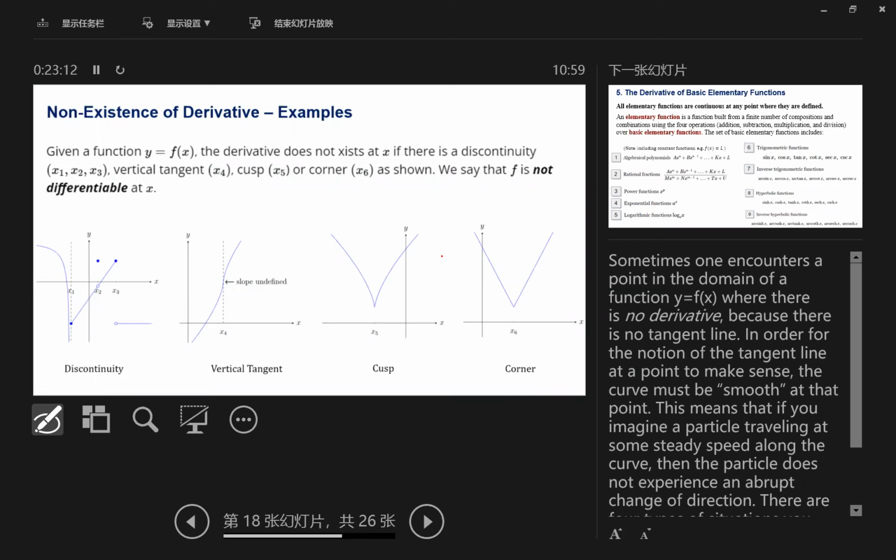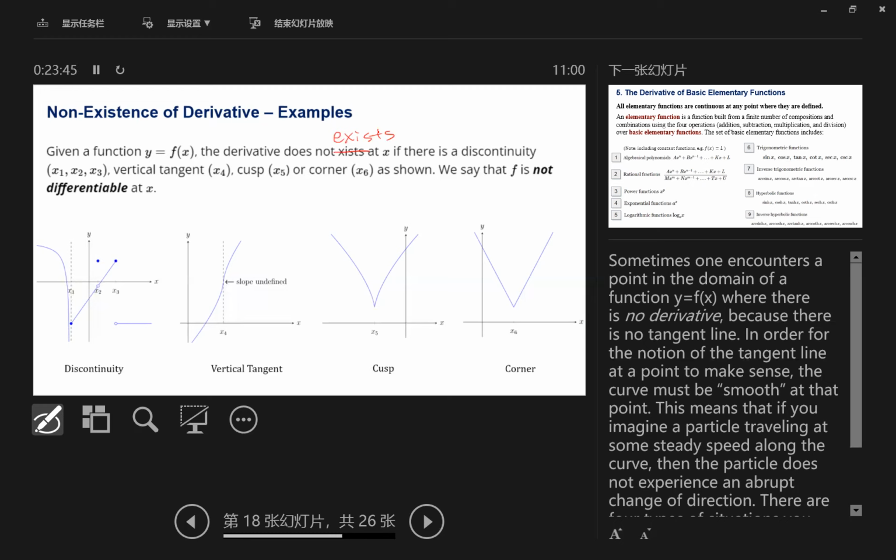So for example, if we have a function y equals f(x), the derivative does not exist at x if there is a discontinuity at x1, or there is a corner. The following four graphs show where the derivative of this function does not exist.